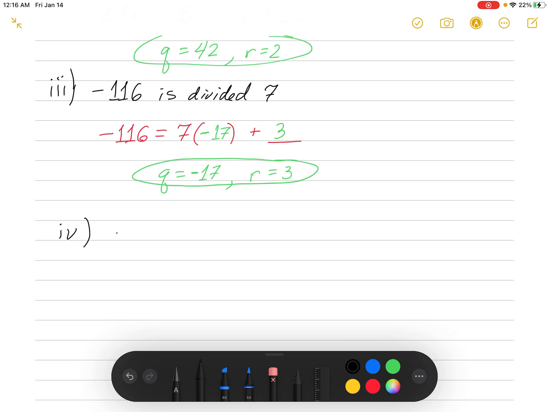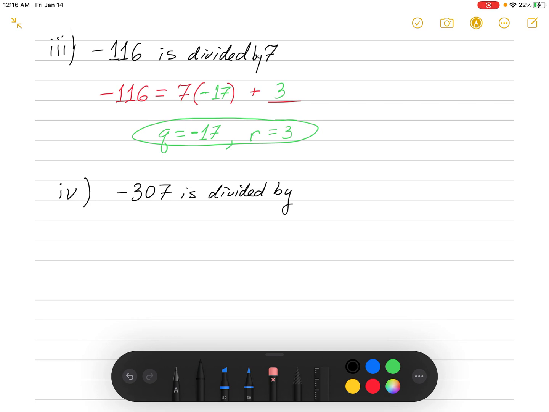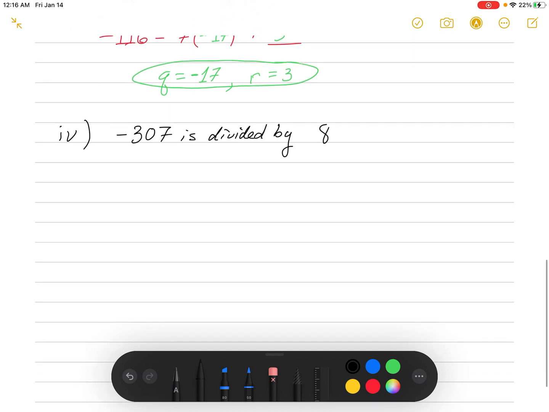So let's do minus 307 divided by 8. So my A here is minus 307. That's going to be equal to 8 times some quotient Q plus some remainder R. So let's take negative 307 and divide that by 8. I get negative 38.375, so I'm going to use the floor function.